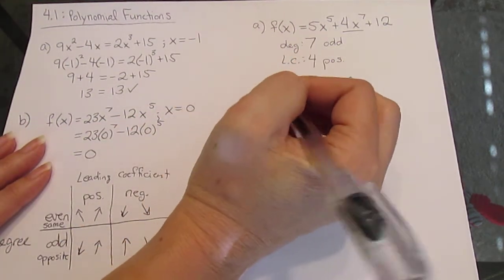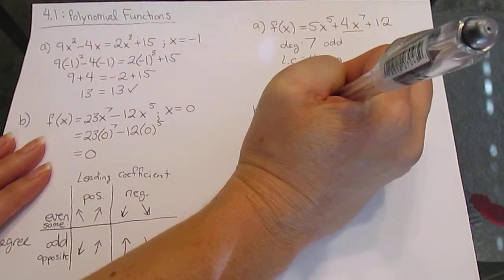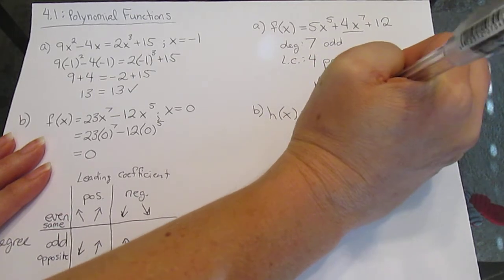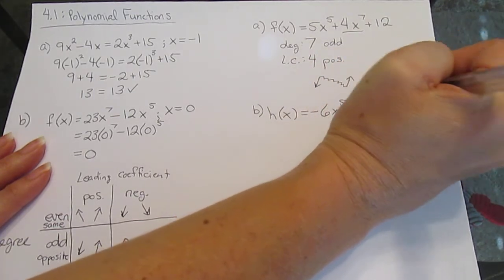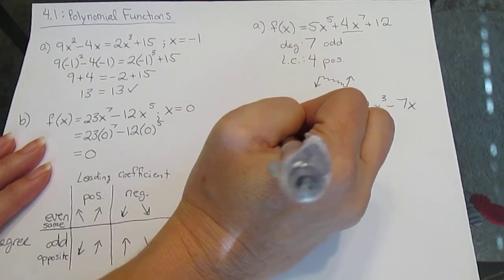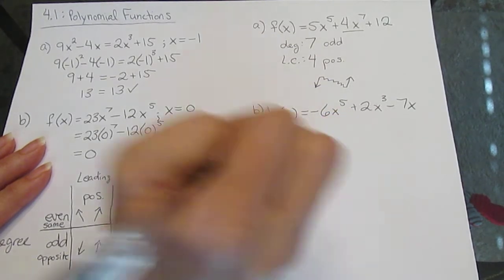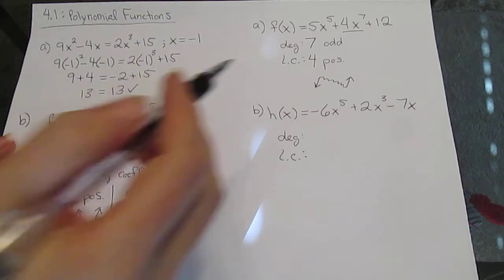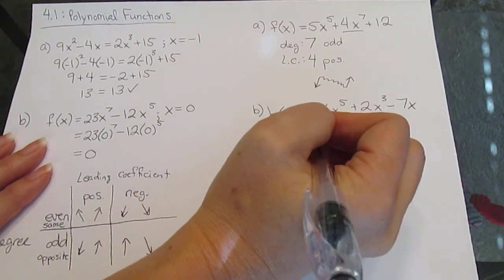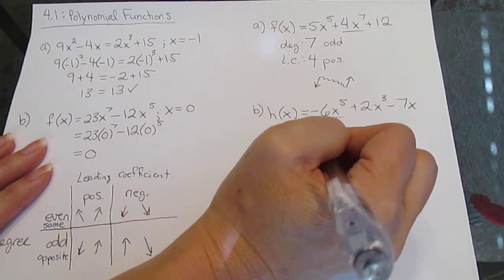Okay, B, I've got h of x equals negative 6x to the 5th plus 2x cubed minus 7x. Okay, again, I'll find the degree and the leading coefficient. Okay, the highest exponent in this problem is 5, so that's my degree. And looking at that term, negative 6 is my leading coefficient.